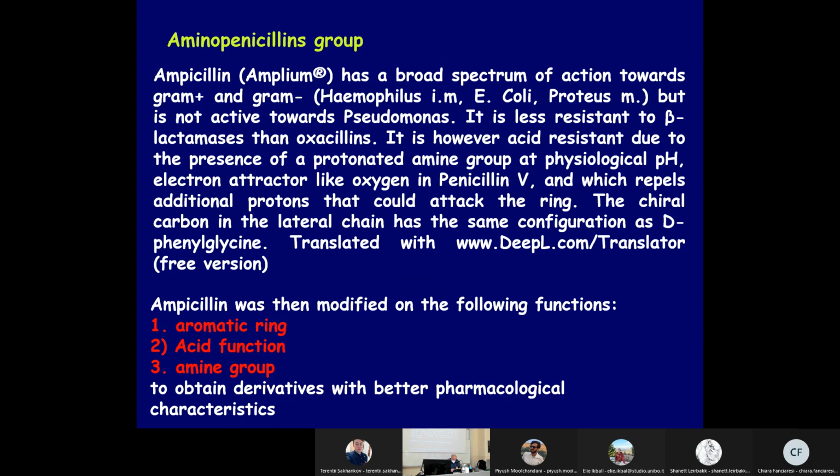After the discovery of the benefits of the amino function in the side chain to give an acid-stable penicillin, the scientists tried to introduce other modifications on the side chain in order to increase their antibacterial activity.